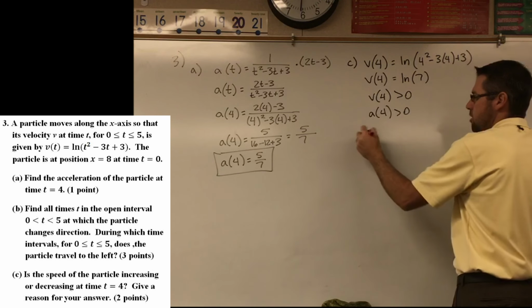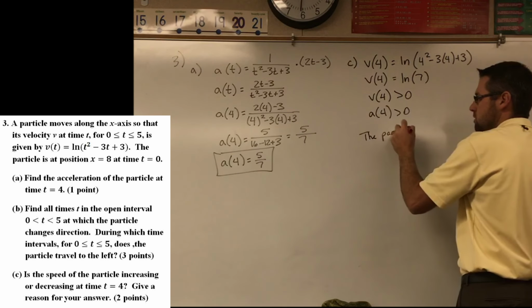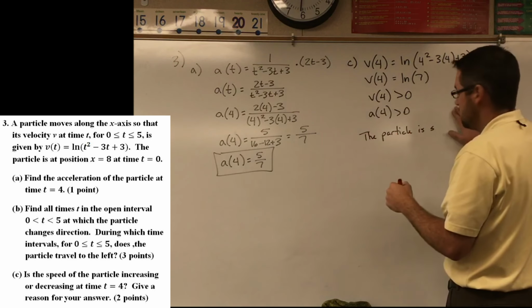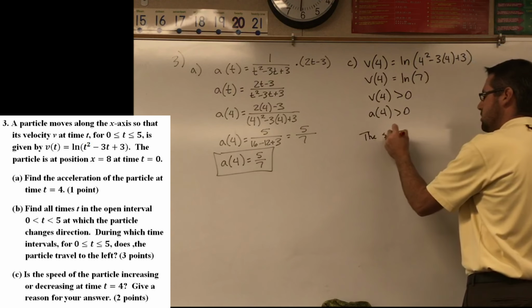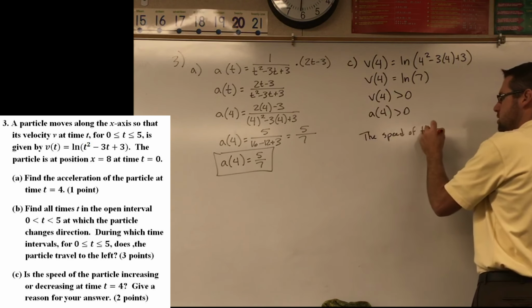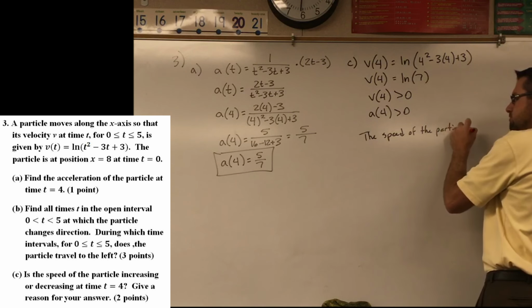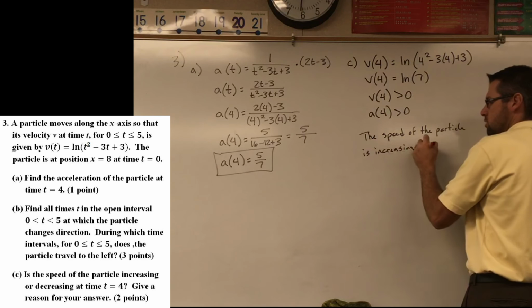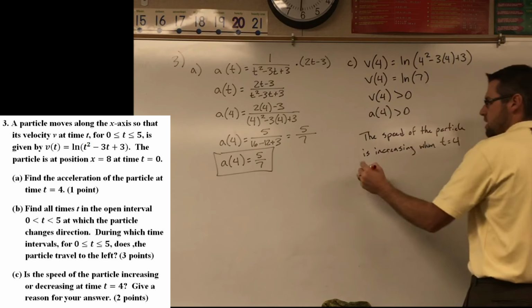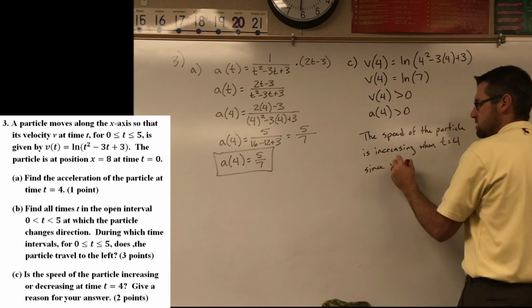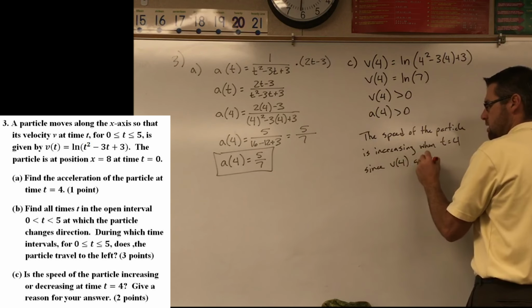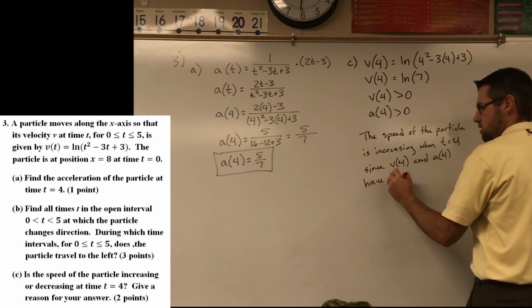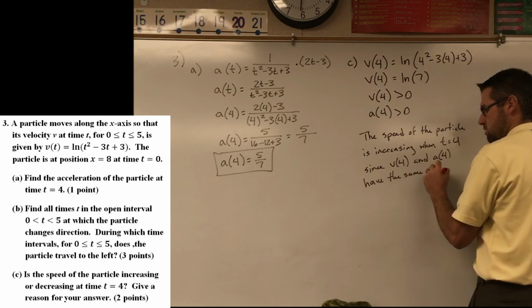So we would say the particle is speeding up. Let me use their words. The speed of the particle is increasing when t equals 4, since velocity at 4 and acceleration at 4 have the same sign.